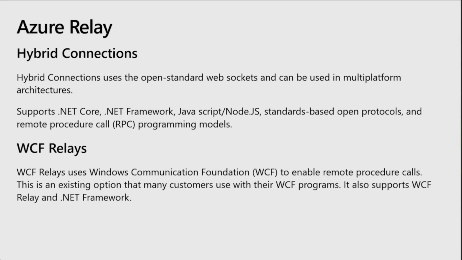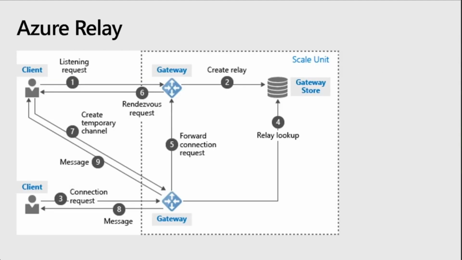Now let me talk you through the process that is illustrated in this diagram. Step one is that the listening client sends a listening request to the Azure Relay service. An Azure load balancer will route that request to one of the gateway nodes. In step two, the Azure Relay service will create a relay in the gateway store.